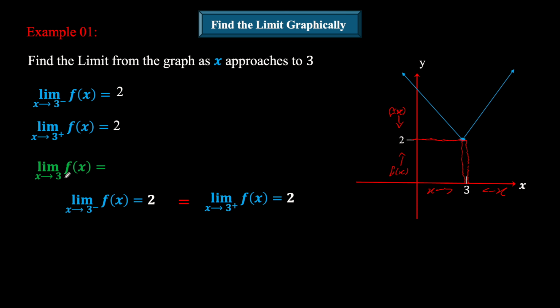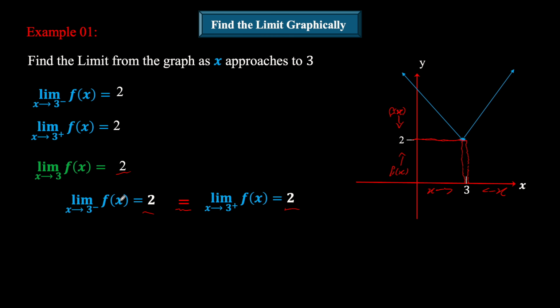We check if the left side limit is equal to the right side limit, so they are equal. From the left side it is approaching number 2, from the right side the limit approaches number 2, so hence we say that its overall limit exists and it is equal to 2.